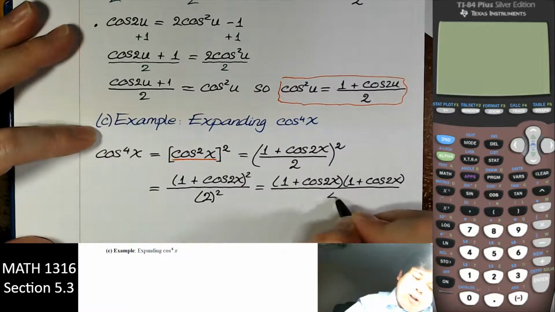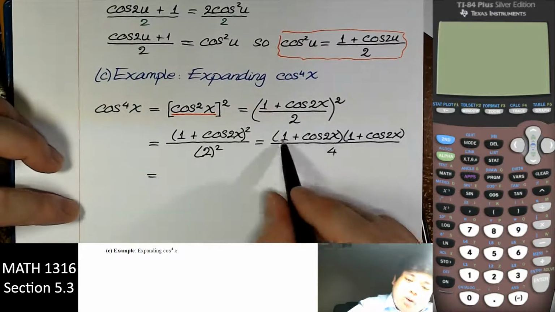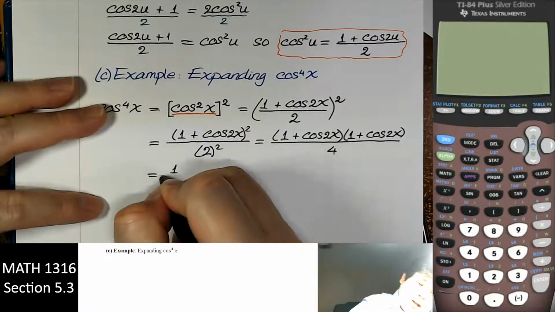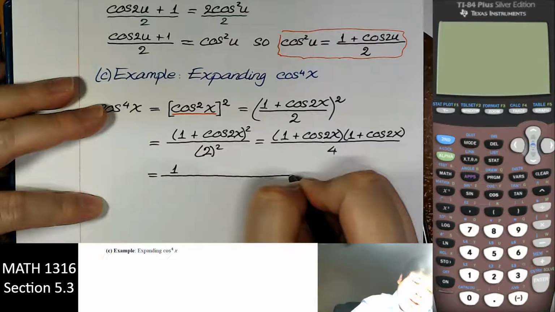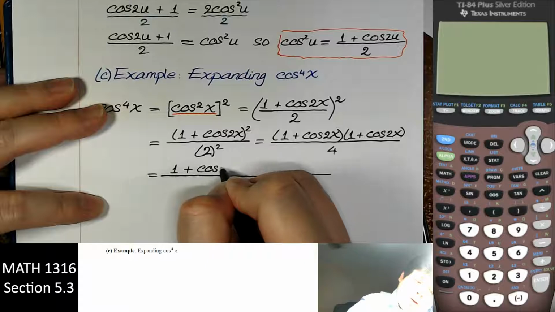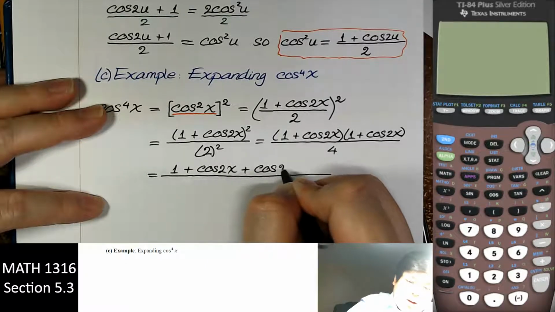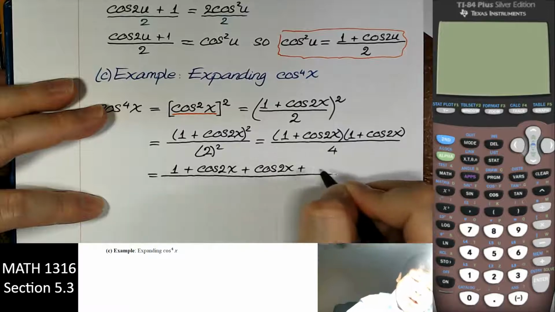Two squared is 4. Right. Now multiply that. 1 times 1 is 1. 1 times cosine of 2x, cosine of 2x times 1, cosine of 2x.